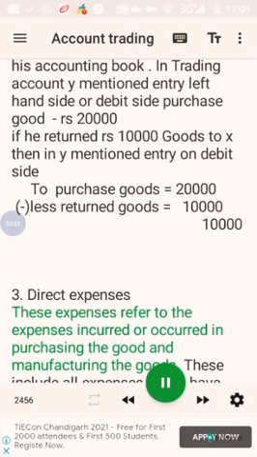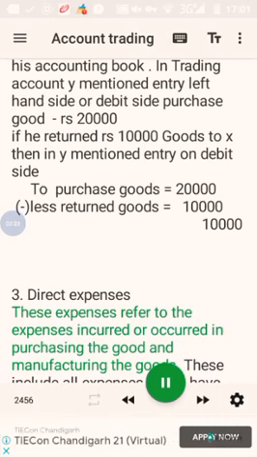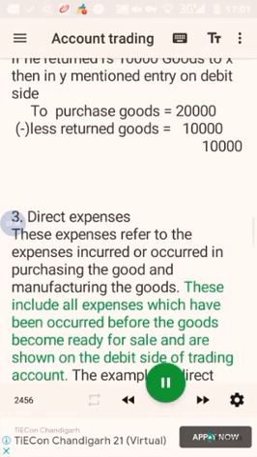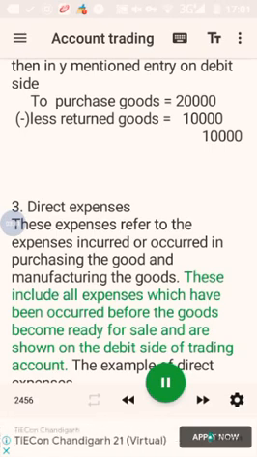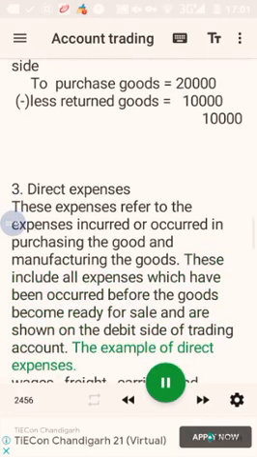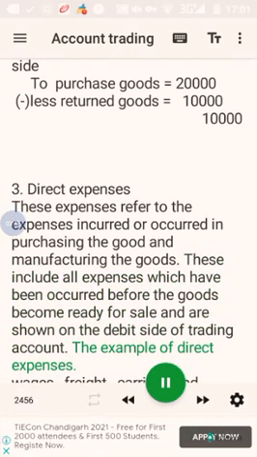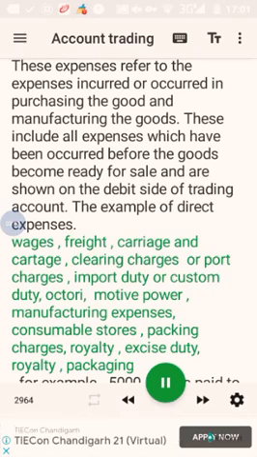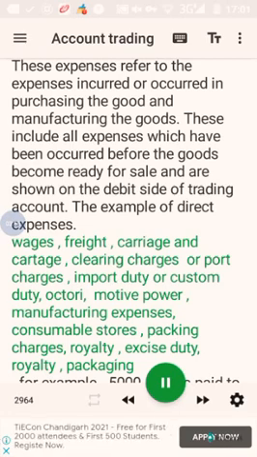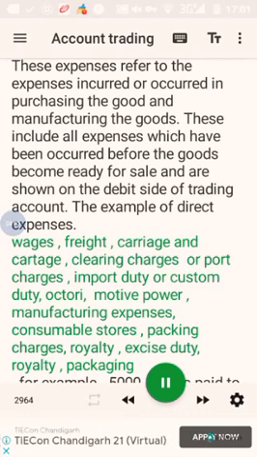3. Direct expenses. These expenses refer to the expenses incurred in purchasing the goods and manufacturing the goods. These include all expenses which have occurred before the goods become ready for sale and are shown on the debit side of trading account. Examples of direct expenses: wages, freight, carriage and cartage, clearing charges or port charges, import duty or custom duty, octroi, motive power, manufacturing expenses, consumable stores, packing charges, royalty, excise duty, packaging.